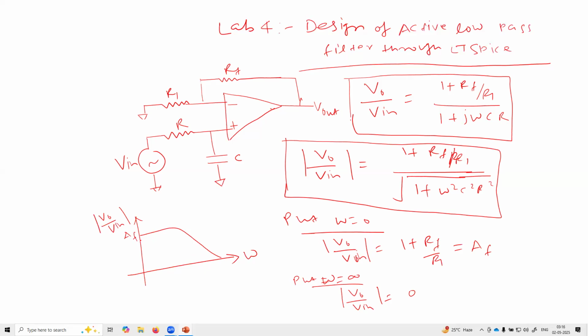And I want to find the critical frequency, which is also named the cutoff frequency. This point will be AF upon root 2. I am going to write it in frequency terms: omega h is equal to 1 upon 2 pi R into C.